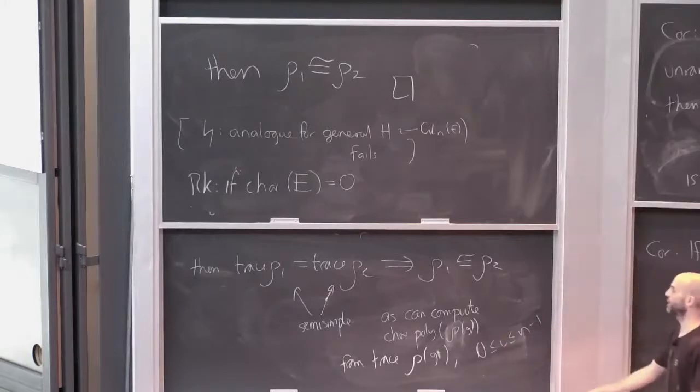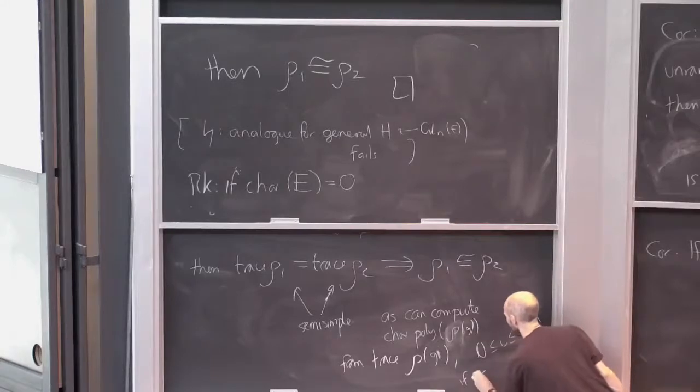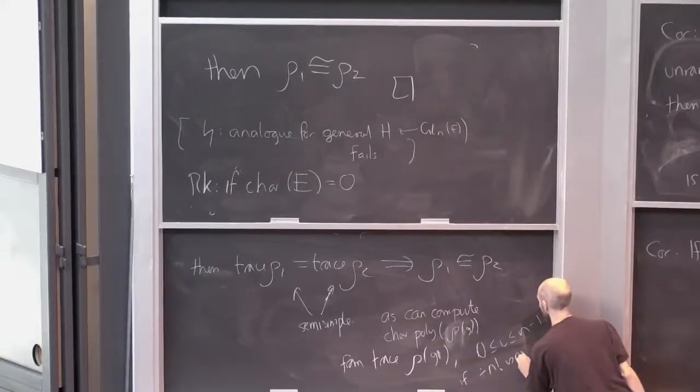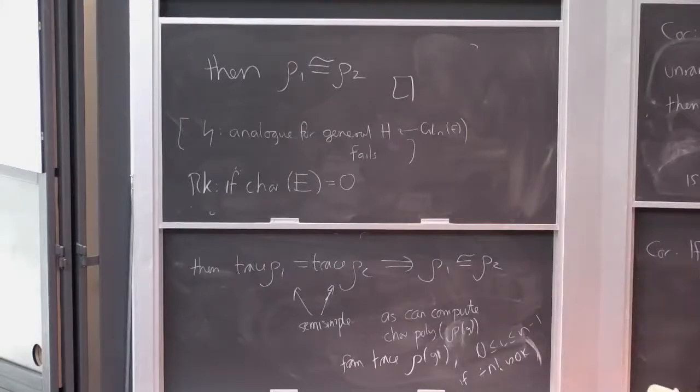But you can only do that computation if you're allowed to divide by n factorial. If dividing by n factorial is okay. That's basically the idea.